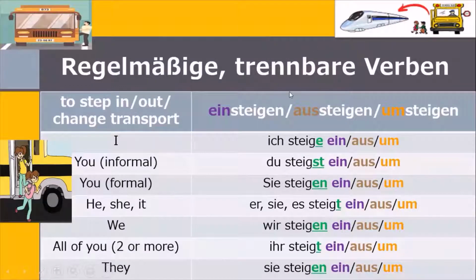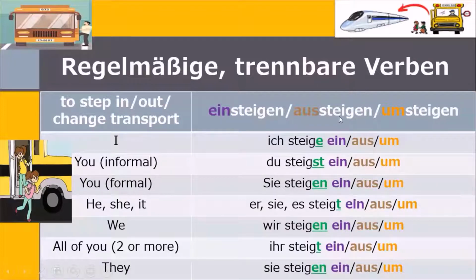Trennbar is the adjective which means separate, and interestingly, the separable verbs in German can be regular and they can also be irregular. The verbs that I'm going to show you in this tutorial are verbs actually related to my last tutorial 36 about the transport means and travel related verbs.